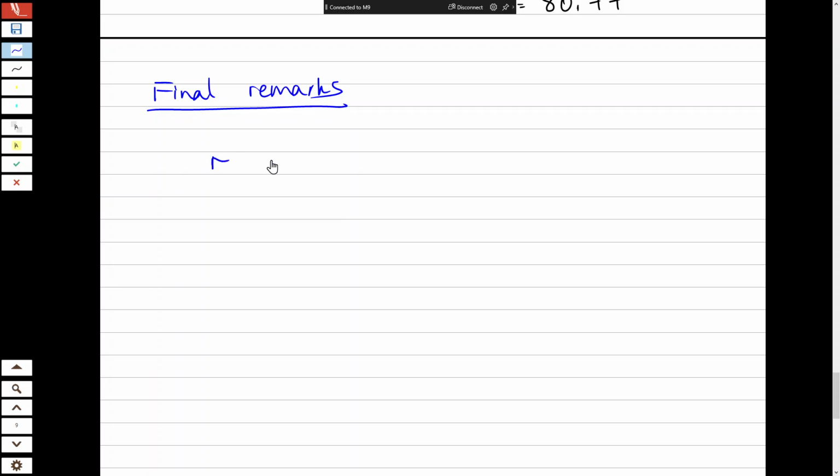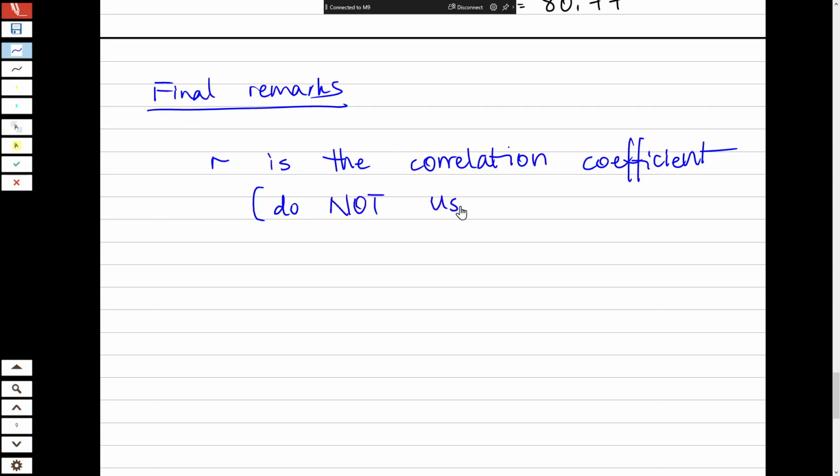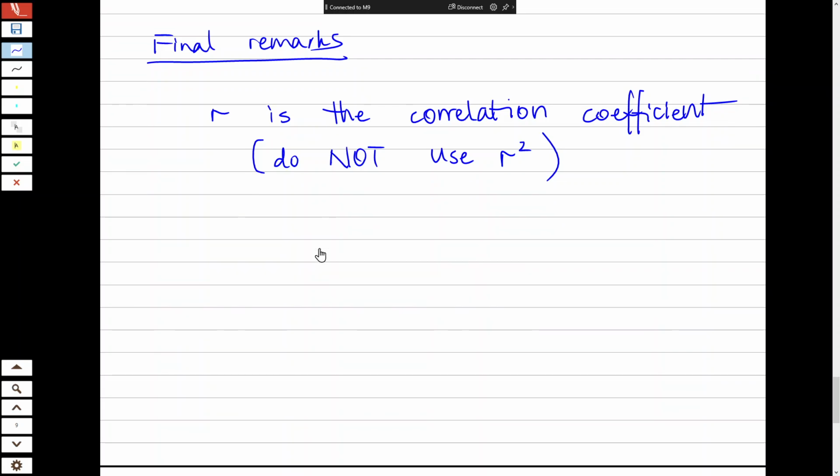So R is the correlation coefficient. See notes from previous lesson. Don't use R squared because that's different. Common mistake that students make. They see R squared and they think that's R. It's not.